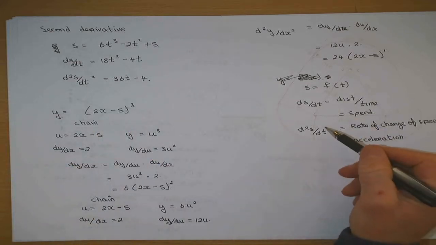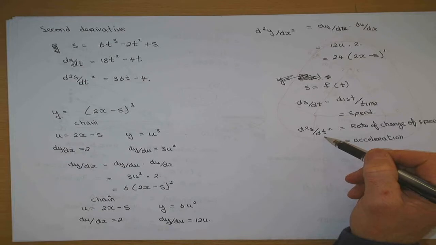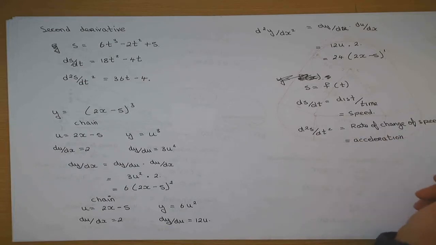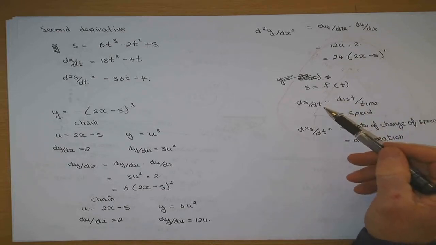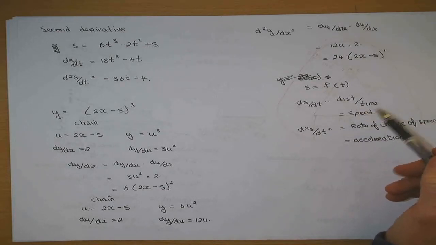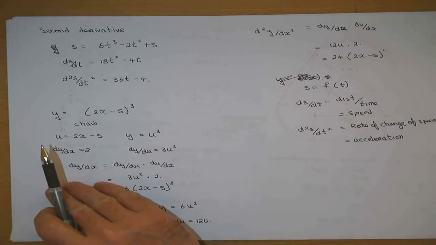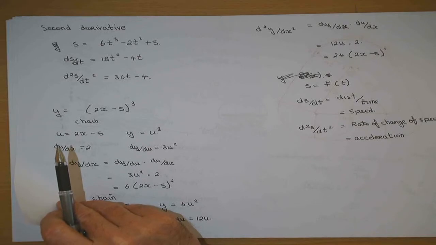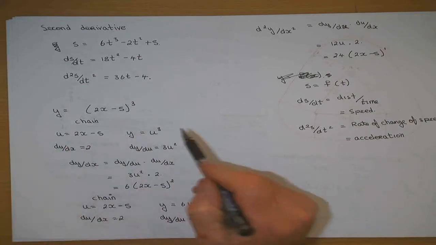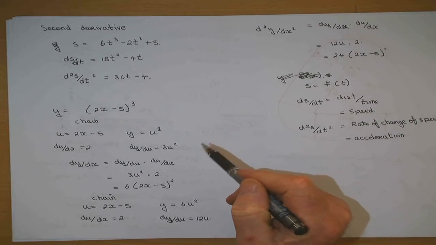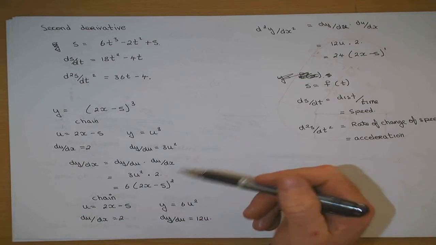When you get the d2s dt squared, you now have the rate of change of speed, and that is known as your acceleration. So ds/dt is a formula for speed. The second derivative is a formula for acceleration. Now I don't have to get into that yet today. Yes? My job today is to show you how to get d2y dx squared.